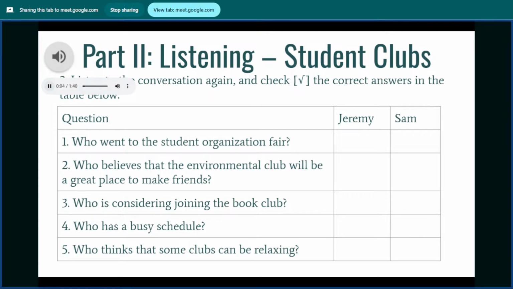Listen to a conversation between two students. Hi, Jeremy. Oh, hi, Sam. How are you? I'm okay. A little tired. I had classes all morning. Anyway, how about you? How's your day been so far? Well, it's been pretty eventful. I was just at the student organization fair. Oh, yeah, that's today.